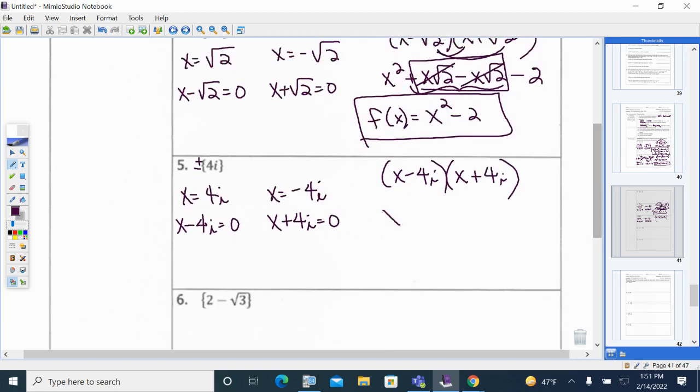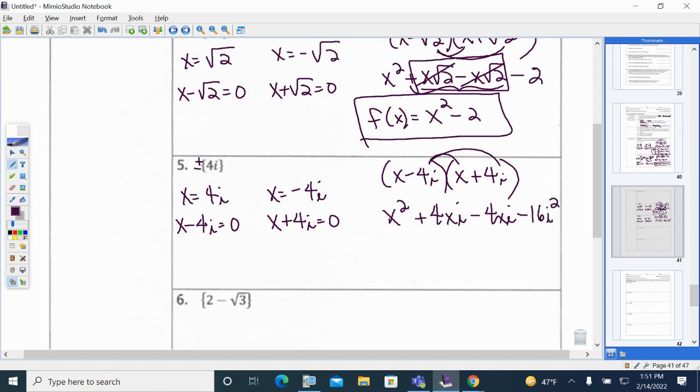X times x is x squared. X times a positive 4i would be a positive 4xi. The next one, negative 4i times x will be a negative 4xi. And then for the last one, negative 4i times a positive 4i is negative 16i squared.